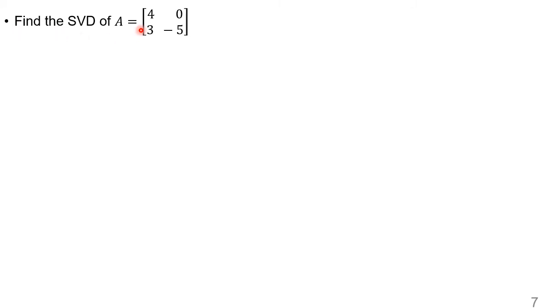Find the SVD of A is equal to 4, 0, 3, minus 5. First step is to find out B, that is equal to A transpose A. That is 4, 3, 0, minus 5 multiplied by 4, 0, 3, minus 5.